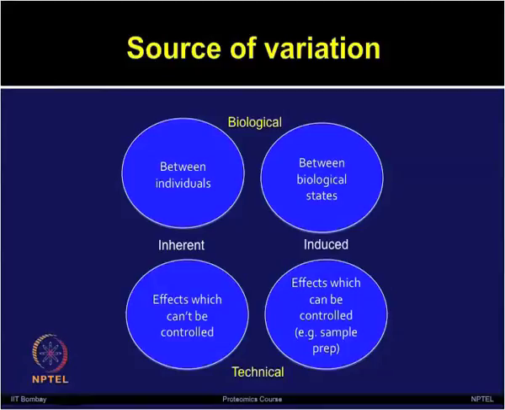Those biological variations are very tough to eliminate, but there are a lot of technical variations which can be improved during sample preparation, during the IEF settings, and during the equilibration steps. All of those steps may result in large variations.